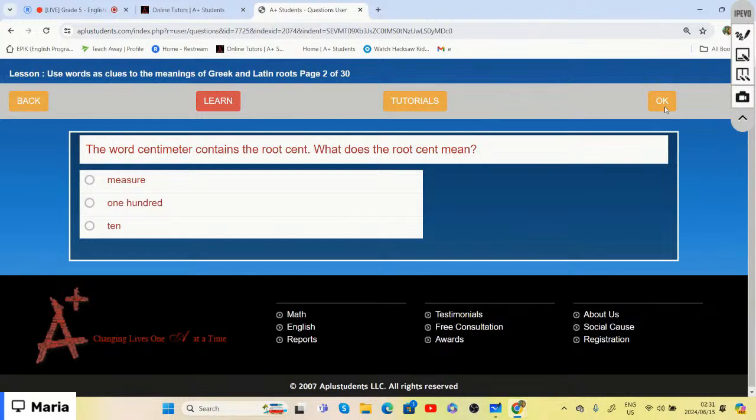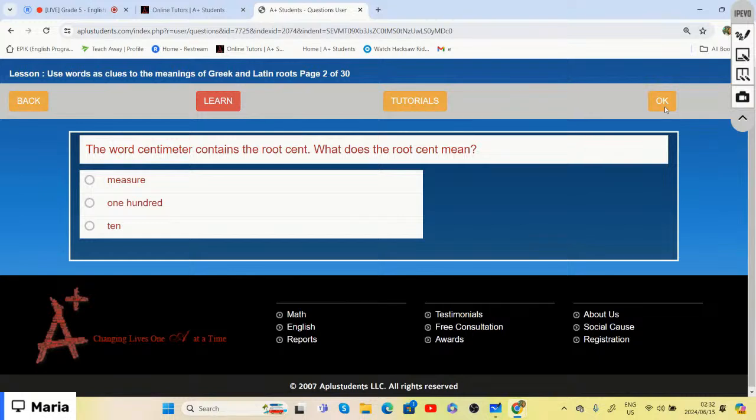All right, if we look at the word centimeter, right? Centimeter contains the root cent. If the root cent is in centimeter, then what does the root cent mean? Does cent mean measure?